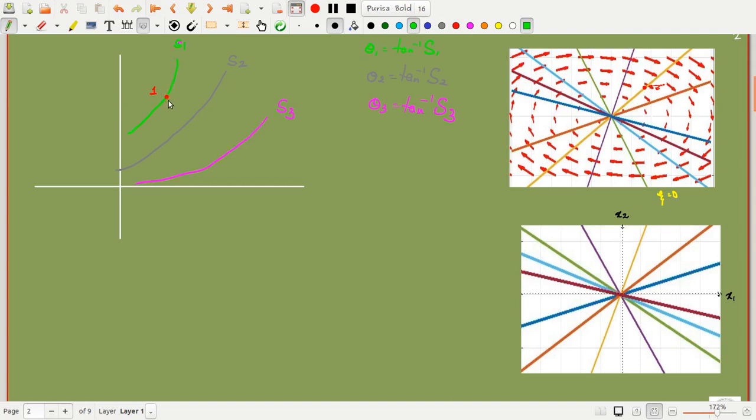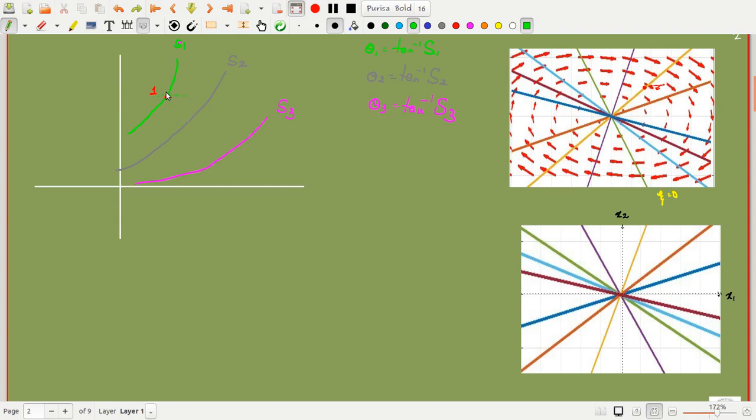I'll try to draw that line something like this. Here I am trying to draw an angle. It is leaving this point at an angle theta 1. I will draw a little bit to the other side so that I can get a better curve.